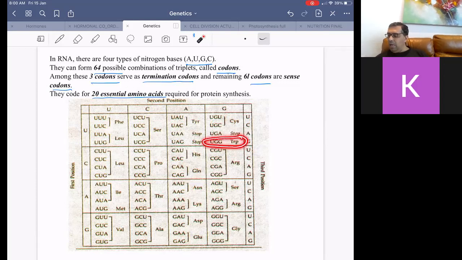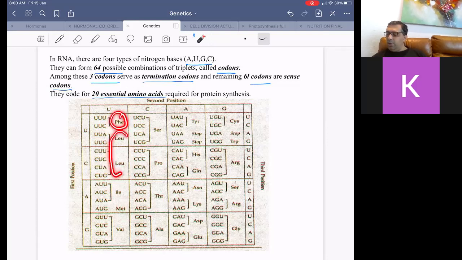So remember, AUG codes for methionine, 1, UGG codes for tryptophan, 1, only 1. And then arginine 6 and serine also 6, and glycine 4. I'll just speak the names.